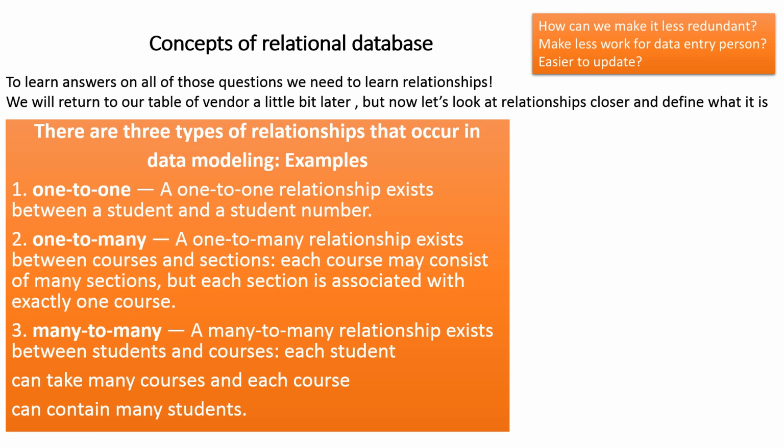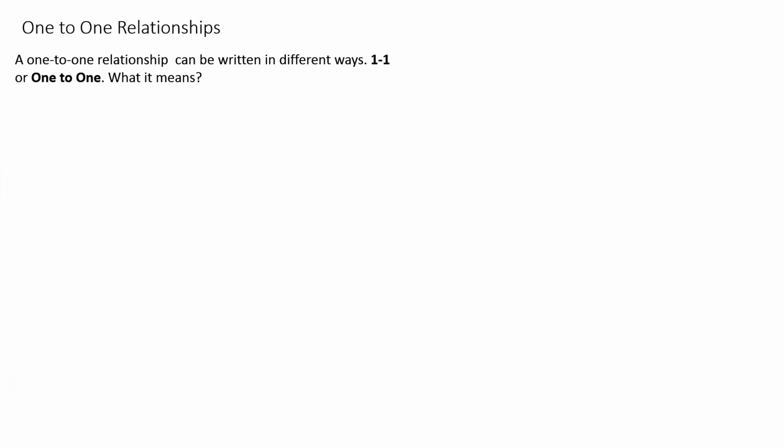The third relationship is many-to-many. A many-to-many relationship exists between students and courses, for example. Each student can take many courses, right, in school, and each course can contain many students. Let me show you every relationship one by one so you can understand it.